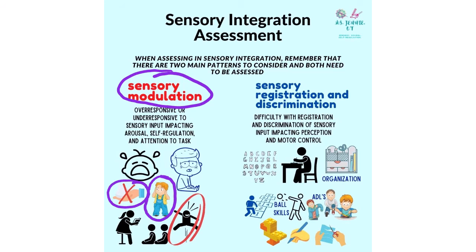Now you have kiddos that are on the other side of that, which are under responsive to sensory input. And that piece really impacts a child's arousal and attention to task. So you might have a student that just looks like they're tired all the time, fatigued, just a low arousal kiddo.